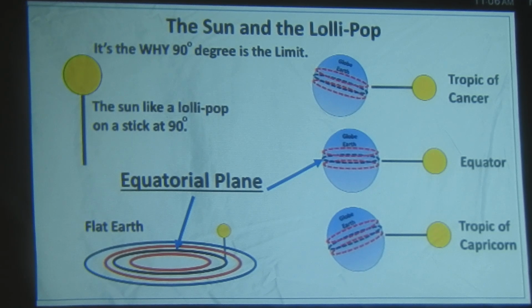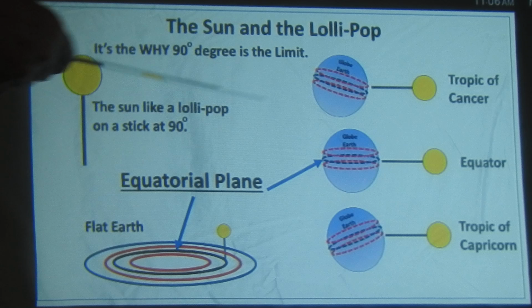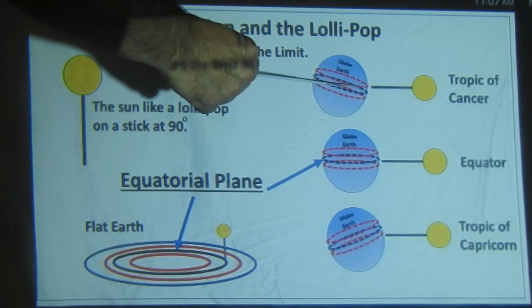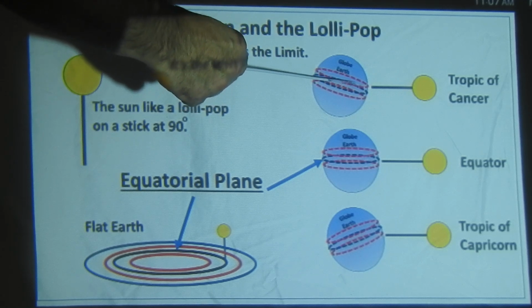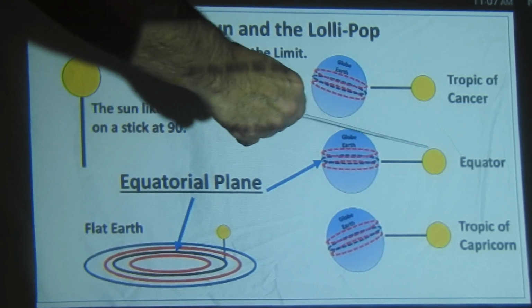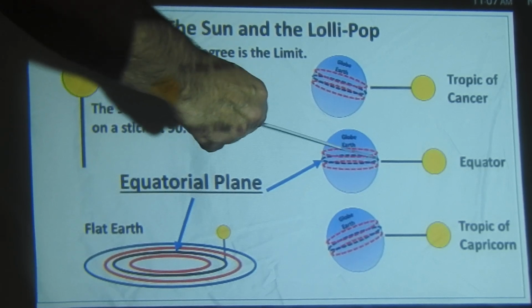And here we have three globe images showing you what I'm talking about. For the globe model on this side, here we have the sun up in the summer sun season. It's 90 degrees as the globe tilts on its orbit around the sun. And then when we're at the equator, we have the equinox. You don't have any tilt. It's at 0. There's no declination.